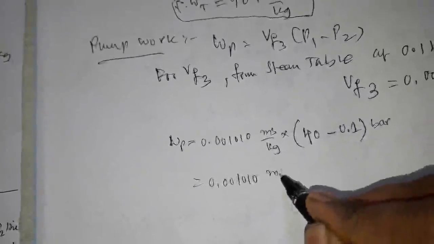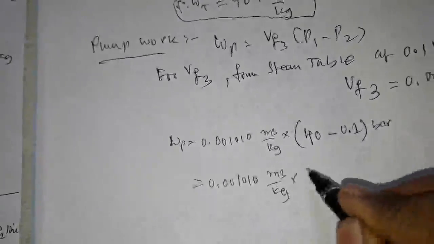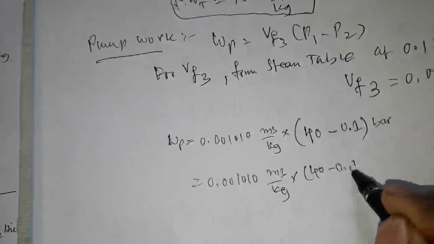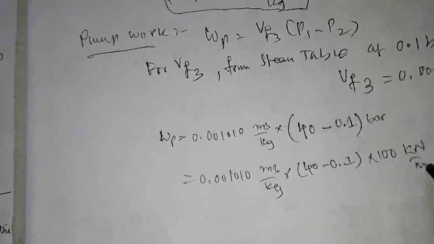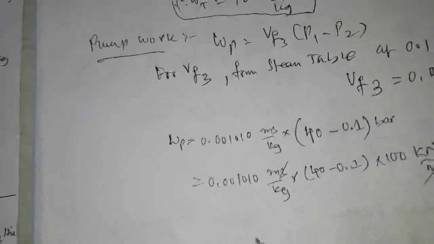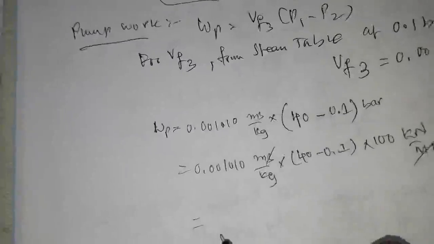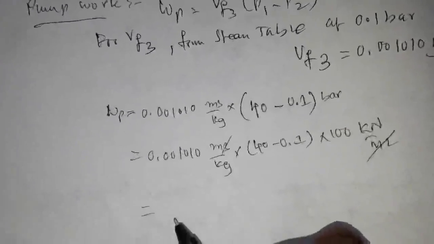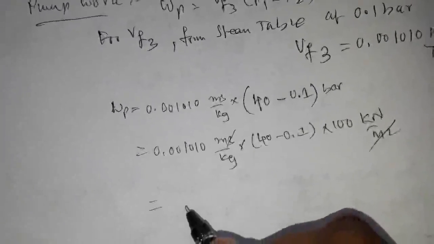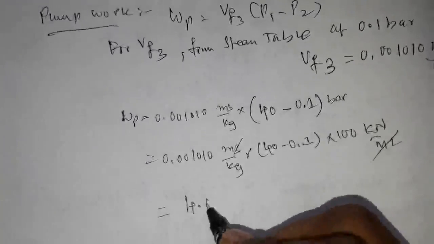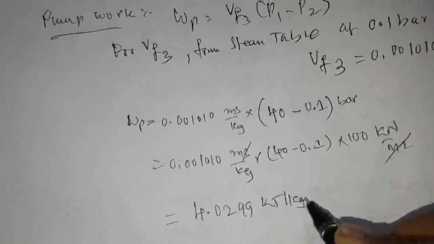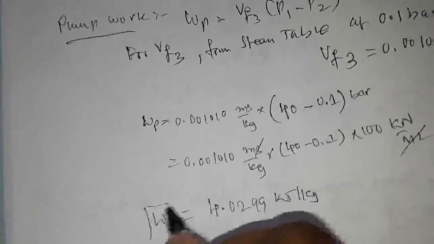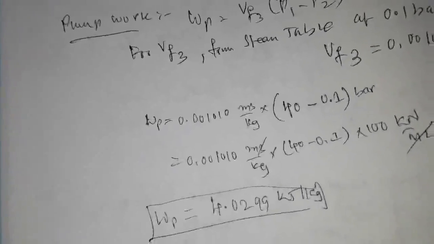We know that 1 bar equals 100 kilonewton per meter square. So finally I'll be able to calculate the pump work as 4.0299 kilojoule per kg. So this is the pump work.